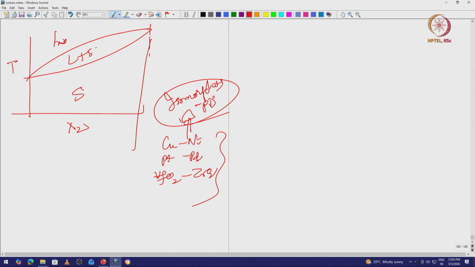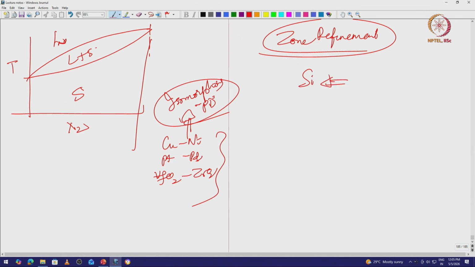And now let us use this phase diagram and explain what is this business of the float zone technique, or not float zone really, but zone refinement. Now what is zone refinement? I have a material, I have silicon for example.